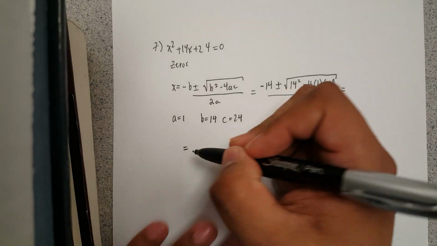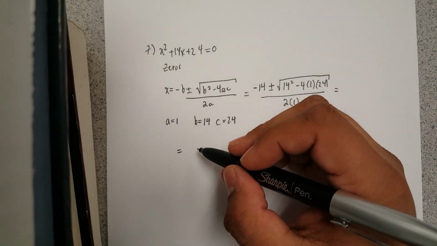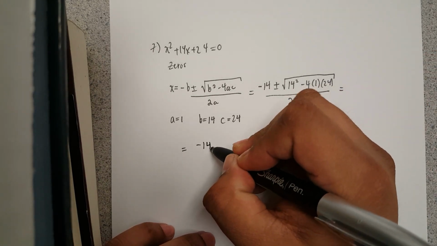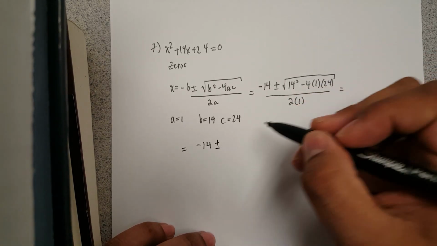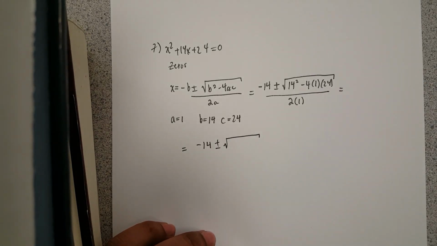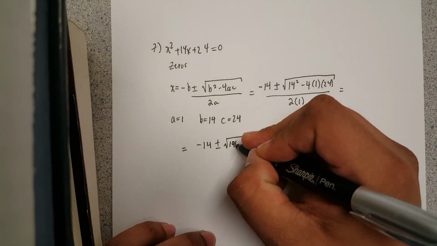And then we're going to go ahead and simplify a little further, okay? So it's going to be negative 14 plus or minus the square root, okay? And we're going to simplify the inner portion of it by squaring 14, which is 196.